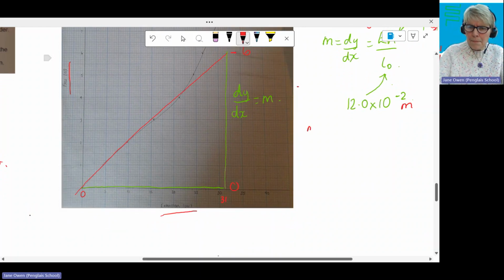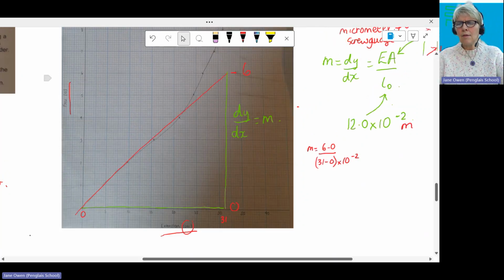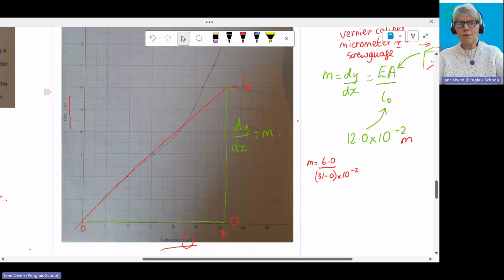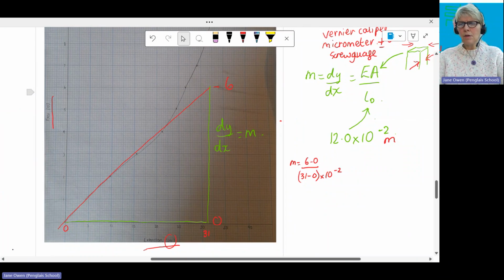So M is 6 take 0 divided by 31 take 0, but times by 10 to the minus 2, because I've got this in centimeters. I think that's centimeters. Okay, so then I've got my gradient now consistently in newtons per meter, and then I've got my area in meters squared and my L0 in meters.